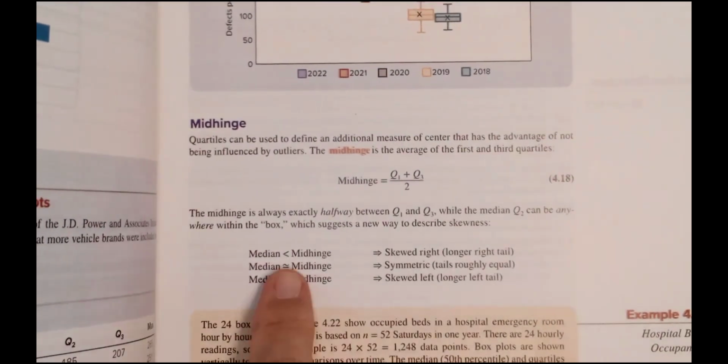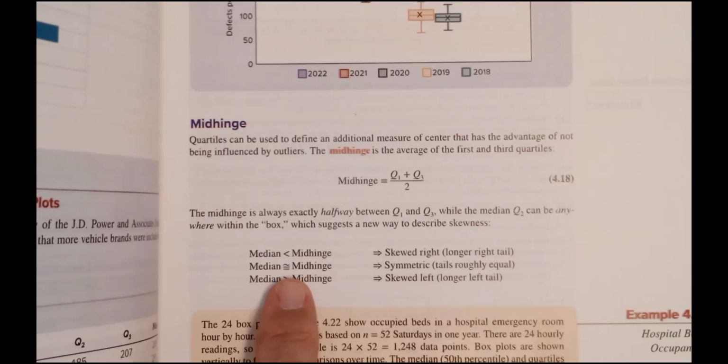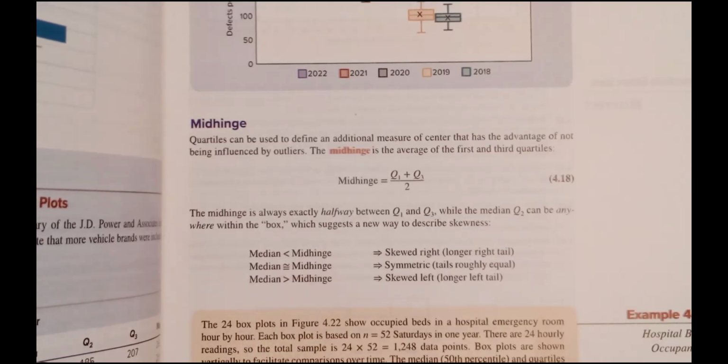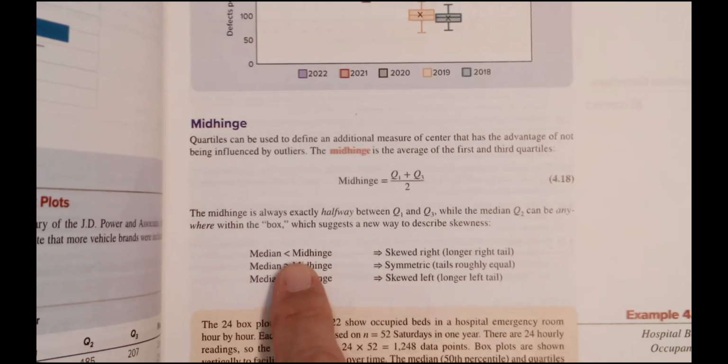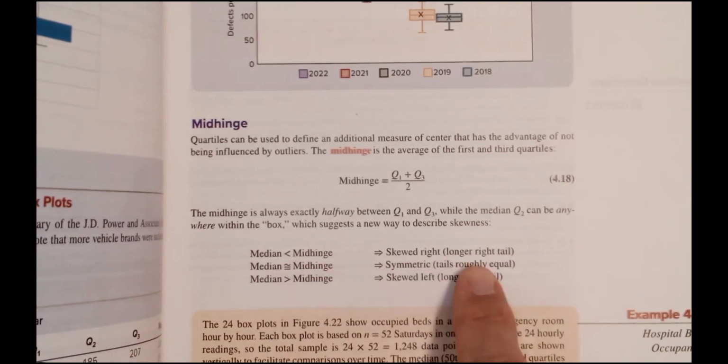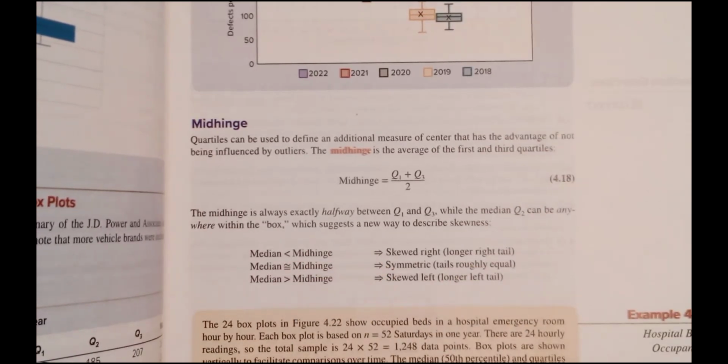But when my median is to one side, I have a skew. And it's in the direction of the hinge. We just said our hinge was above, right? Our hinge was above the median. That means there's more stuff on the right than there is on the left.